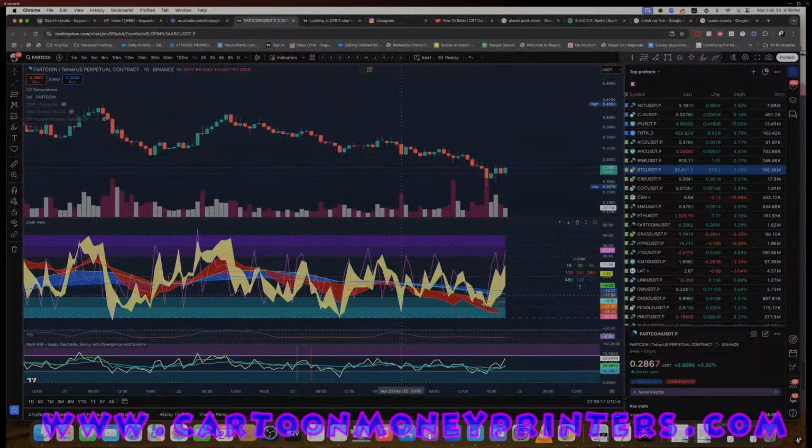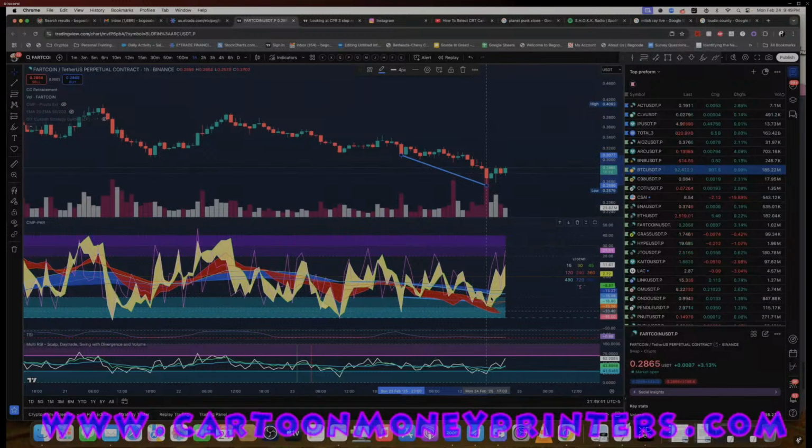Middle of the ribbon here. Middle of the ribbon. Okay, so that's right. It's a hidden bull div. It's down a tiny bit where this is coming down way steeper. So hidden bull div on the 15:30.